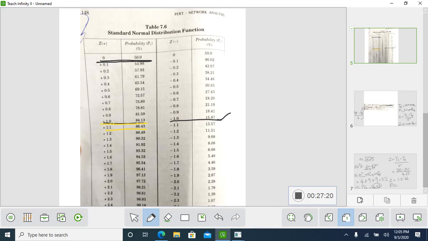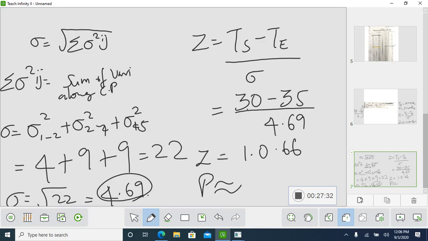So you have to calculate for 1.066. It will come like 85 point something, 85.5 or 6.